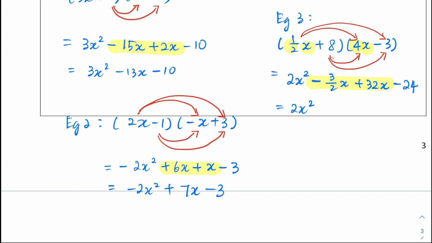That will give me 30.5x, then minus 24. Alright, and this would be my final answer. So that's how you expand algebraic expressions.